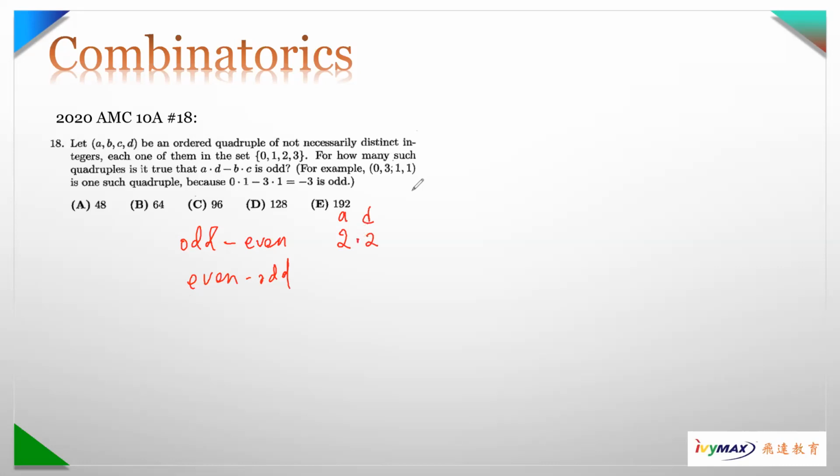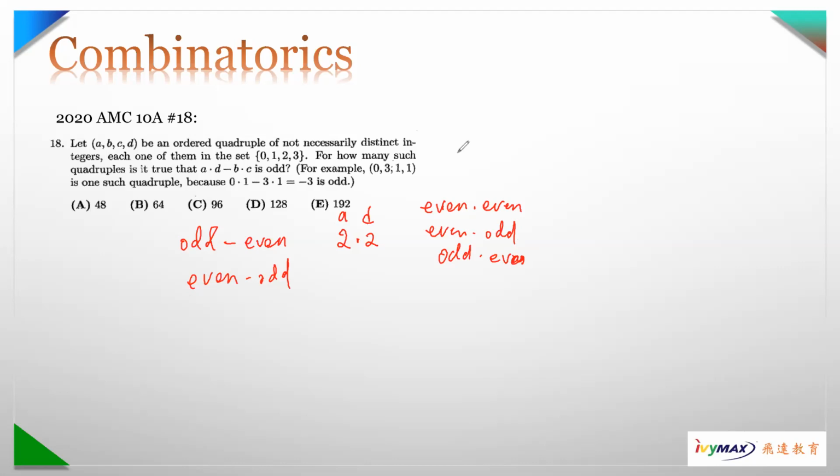Okay, and now think about even. How many ways can we make an even product? For that case, I can have either even times even, or even times odd, or odd times even. We only cannot make odd times odd.